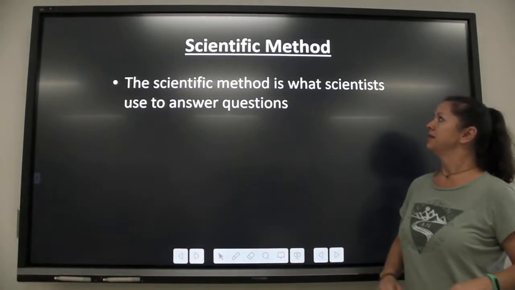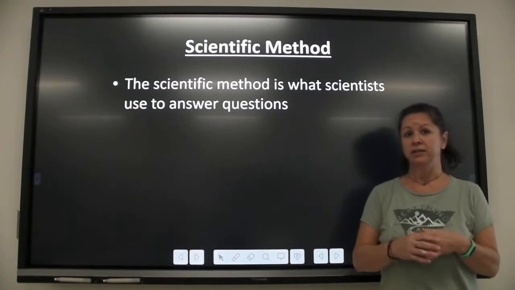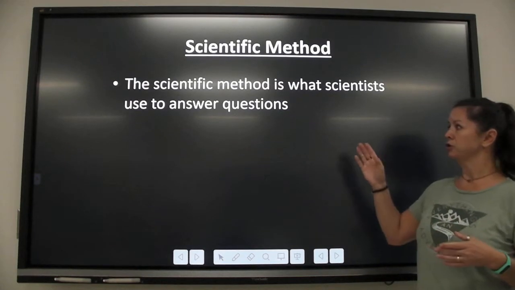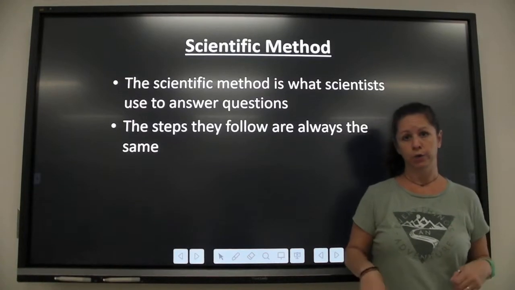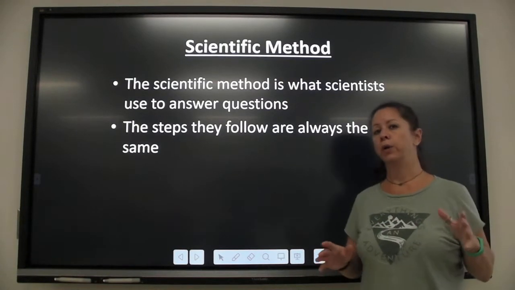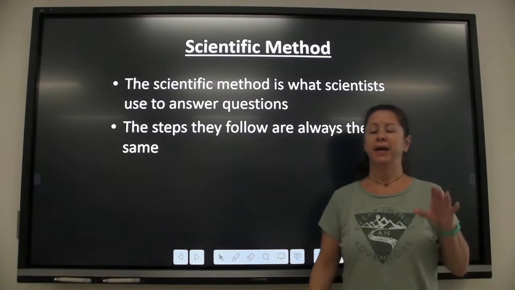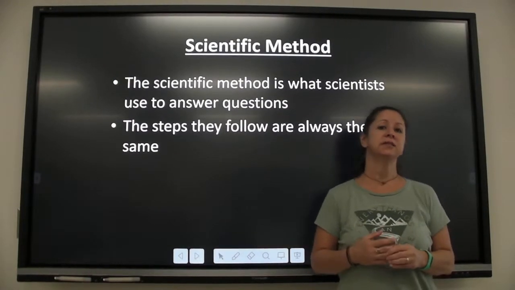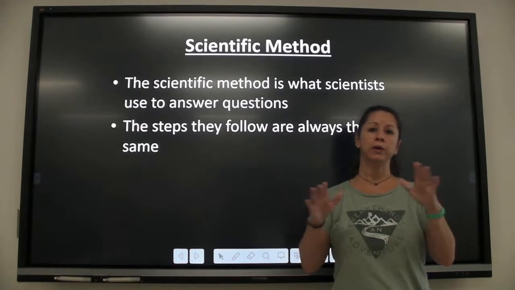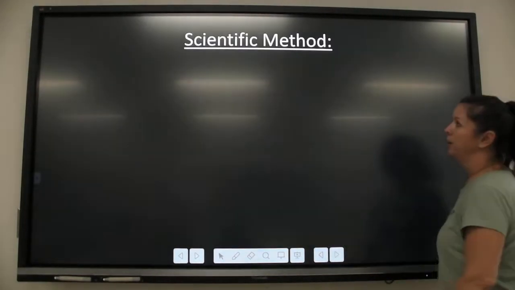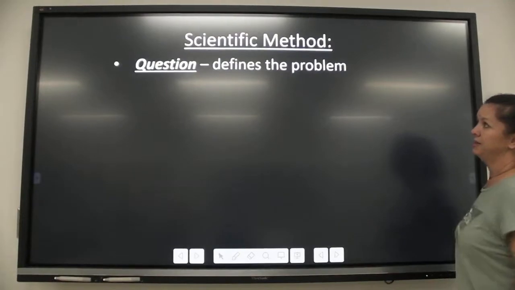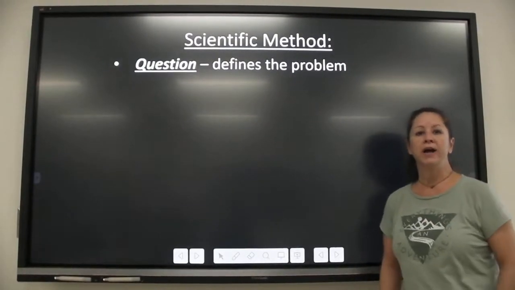Now, the scientific method is what all scientists use to answer questions. The steps they follow are always going to be the same. They might look a little bit different in different sciences, but it is still going to be basically the same series of steps. The first step of the scientific method is to ask a question.